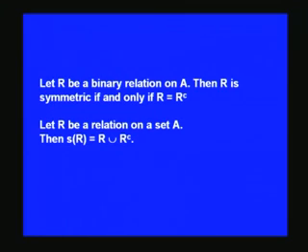It is also not very difficult to see that if R is a binary relation on A, then R is symmetric if and only if R is equal to R^C. So, whenever you have the ordered pair (A,B), you also have the ordered pair (B,A). That is symmetric.